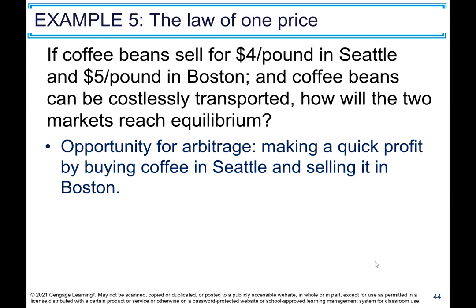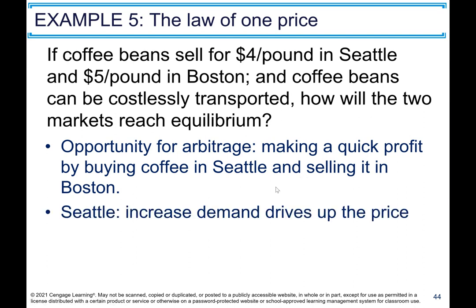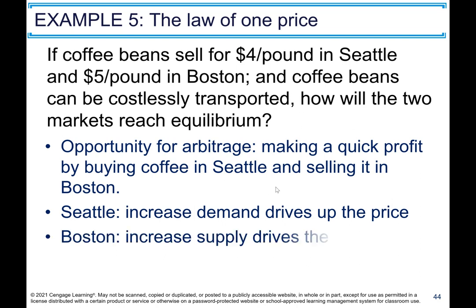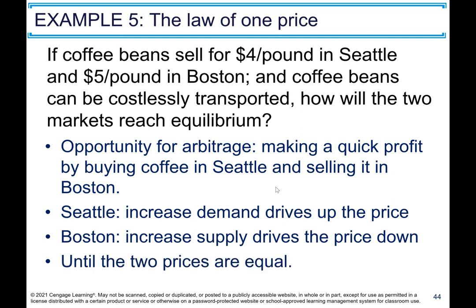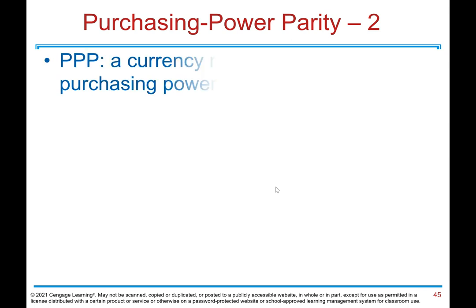An opportunity for arbitrage exists, making a quick profit by buying coffee in Seattle and selling it in Boston. In Seattle, there is an increase in demand, which drives up prices. In Boston, an increase in supply drives the price down. This continues until the two prices are equal.